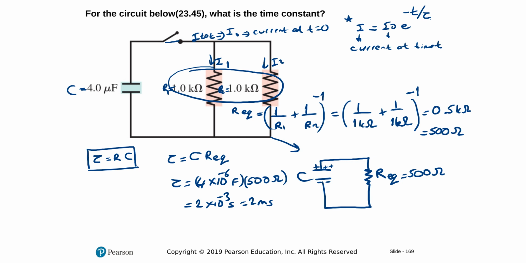The same goes for the potential difference at any moment in time: delta Vc(t) equals delta Vc0 times e to the minus t over tau. That's how tau is useful for us.